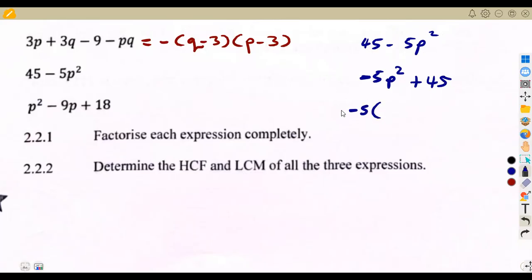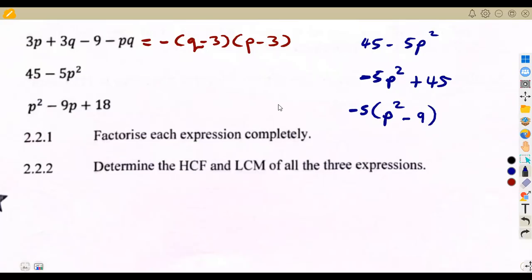The moment we factor out negative 5, which is the highest common factor, this divides negative 5 and negative 5 cancels. We remain with positive p squared. 45, when divided to a -5, it gives us a -9. For a number to be a negative, that one is not our worry. Our worry is when a letter is a negative. A number, let it be negative, let it be positive, that one is not our problem. All right. Then, what can we do from this stage?